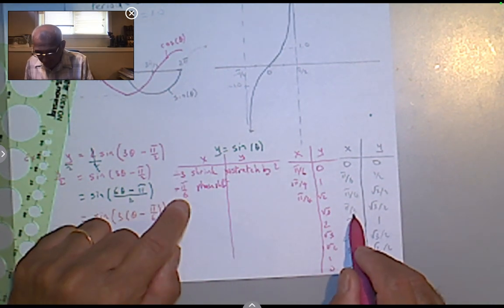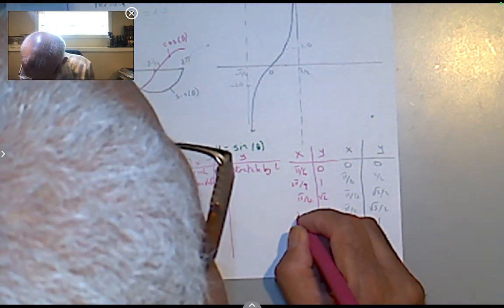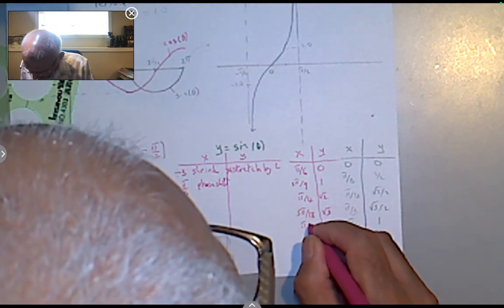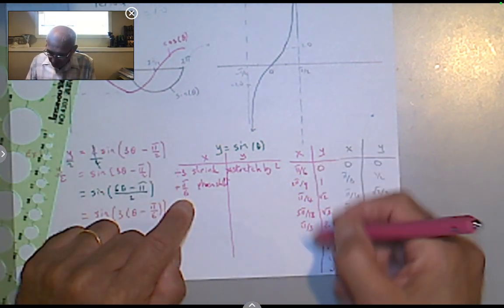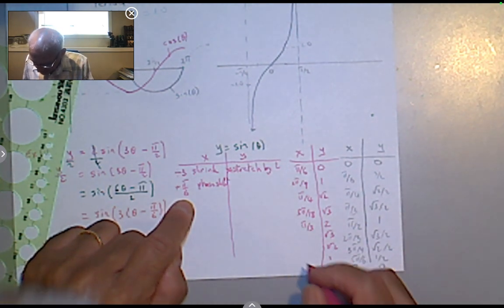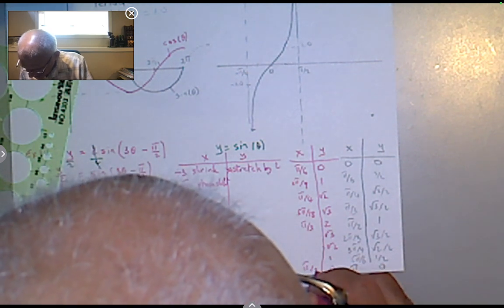Divide by 3, pi over 9 plus pi over 6, you get 5 pi over 18. Pi over 2 becomes pi over 6 plus pi over 6 is pi over 3. And if you repeat and come here, you get pi over 3 plus pi over 6 is pi over 2.